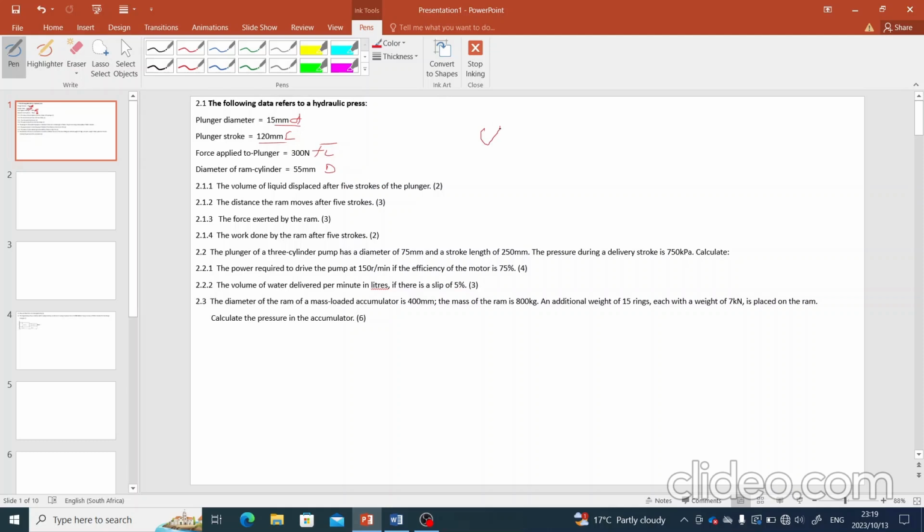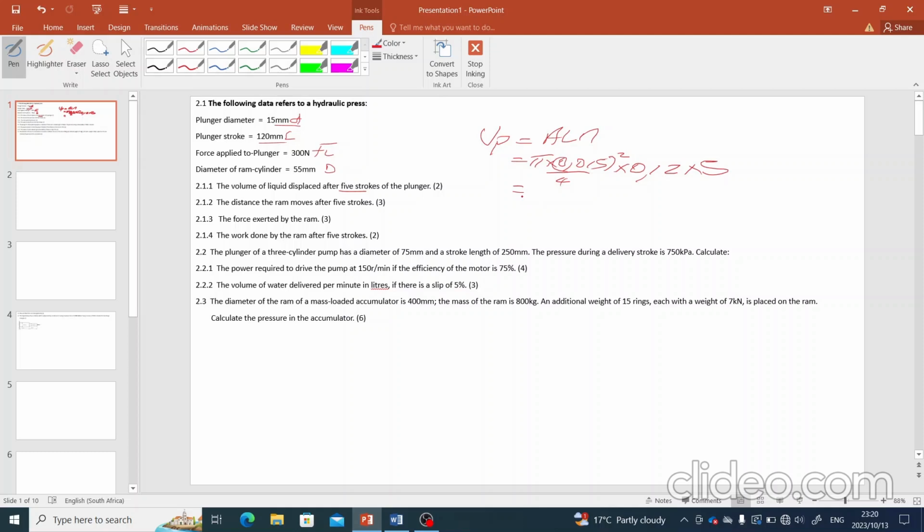Now the volume of the plunger equals area times stroke length times number of strokes. The area would be pi multiplied by the diameter 0.015 squared divided by 4, multiplied by the stroke length of 0.12, multiplied by the number of strokes, which is 5.